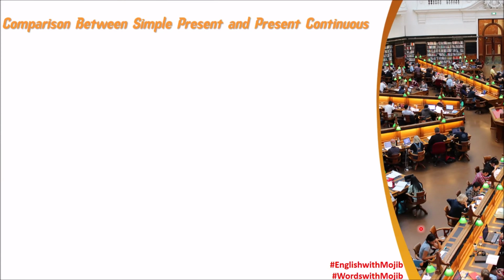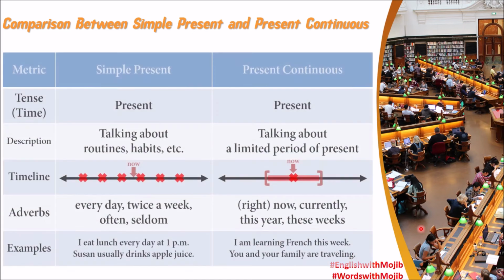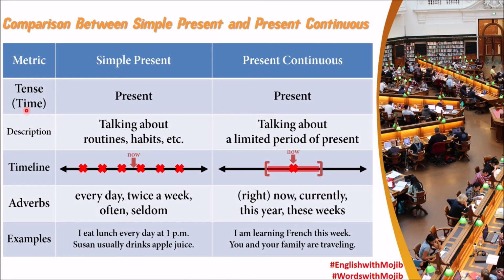Okay, let's have a comparison between simple present and present continuous to learn it better, easier, and more useful. We have 5 metrics: tense and time, description, timeline, adverbs, and examples. Simple present and present continuous both happen in the present time. They're the same.